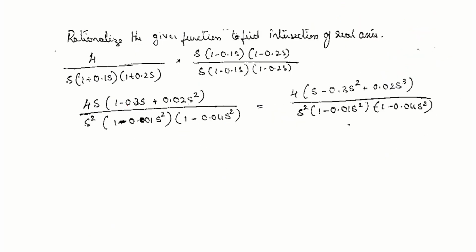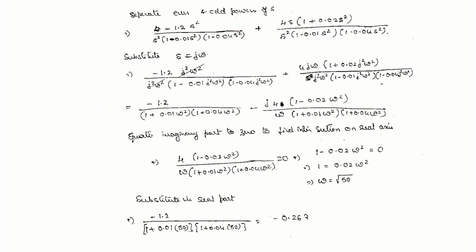To find that value, rationalize this expression: you write s, 1 plus 0.1s, 1 plus 0.2s, and multiply by the conjugate terms. Then substitute s is equal to j omega, and separate that into real and imaginary parts. This is the real part, this is the imaginary part.